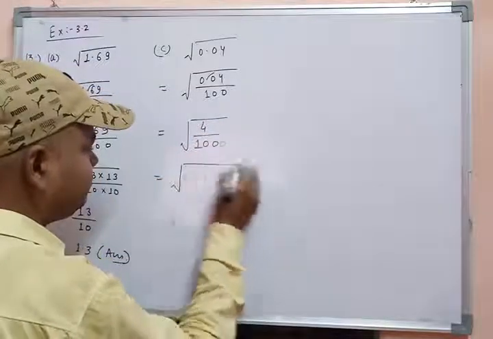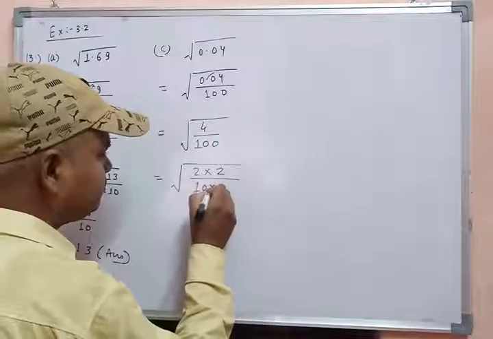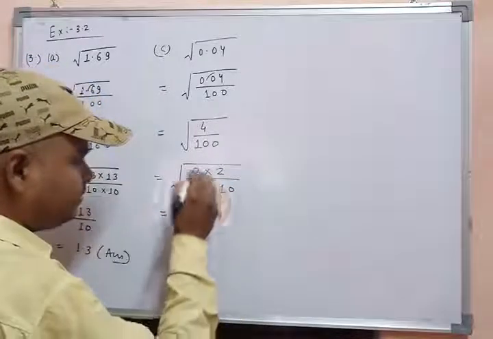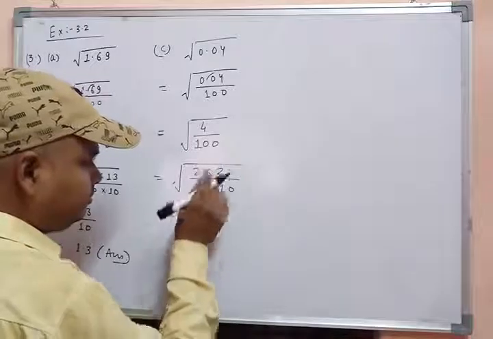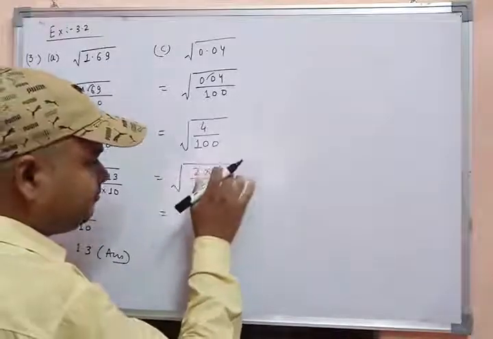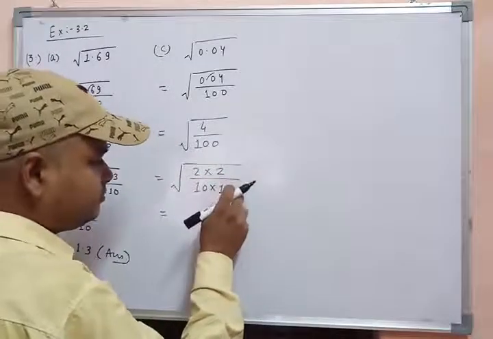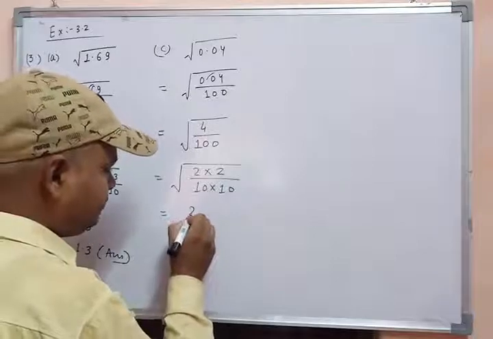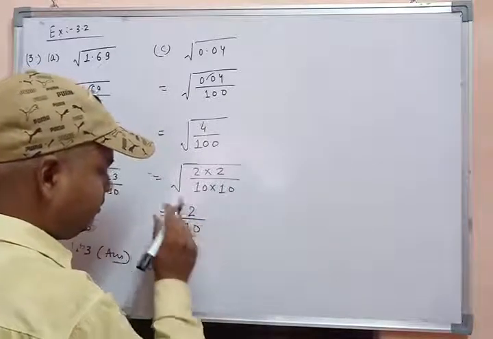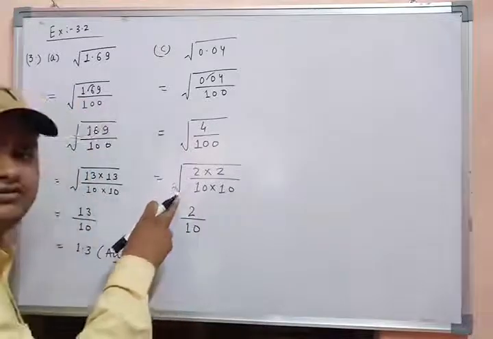Now it can be factorized by this. Now again we can write here one pair of prime factor 2 and one pair of 10, then we can write 2 upon 10 after removing the symbol of square root.